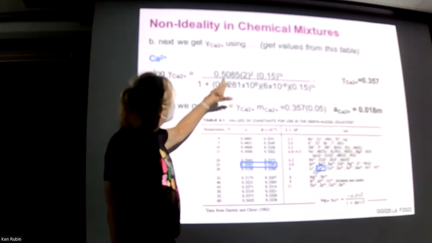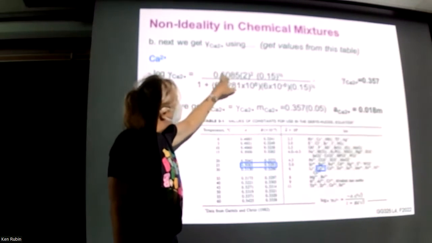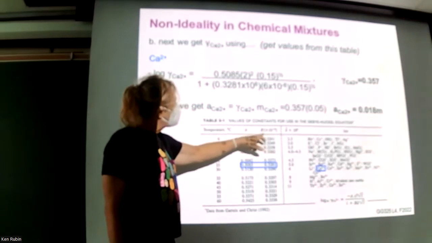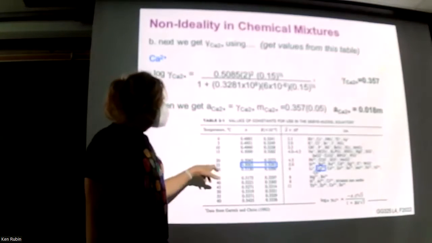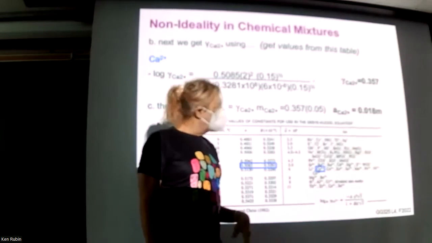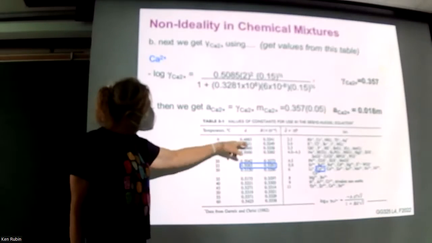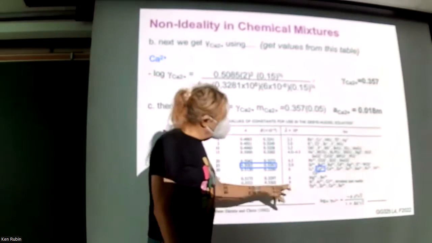0.5085 is, excuse me, the constant is here. 0.5085 is this constant, and the constant for the value of B times 10 to the minus 8 comes from here. It's because I looked over on the table and found the ion that I was interested in. Different ions have different values for these constants. Remember, this is a parameterization. So this is the equation down here.